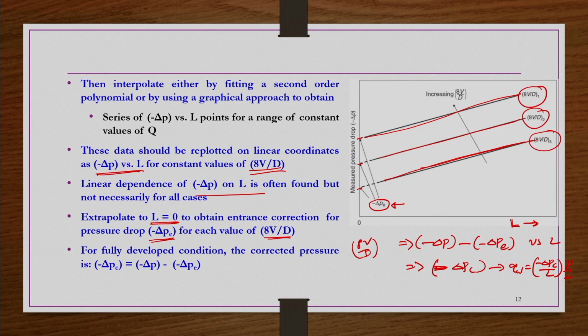So, for fully developed condition the corrected pressure is minus delta p c, which is the measured pressure drop minus the entrance correction minus delta p e. You will use this for your tau w calculations. It is a bit lengthier, but a simple process.